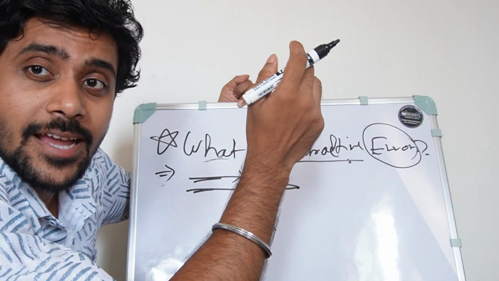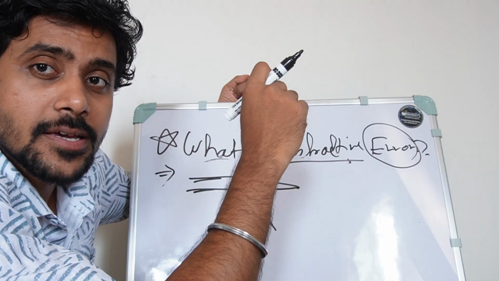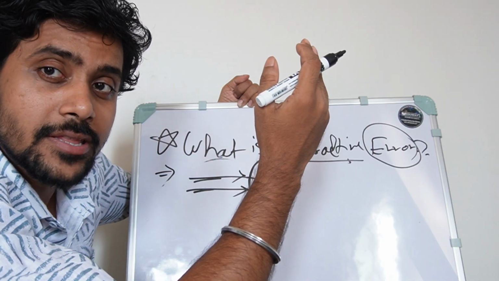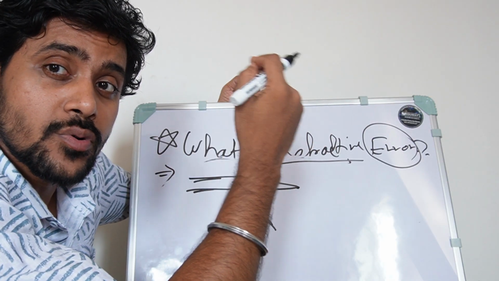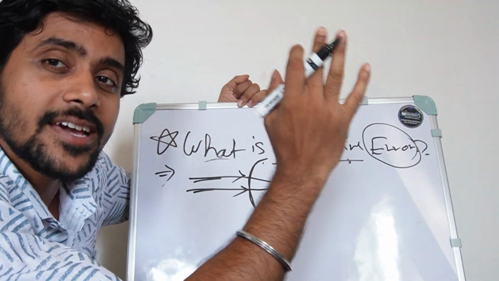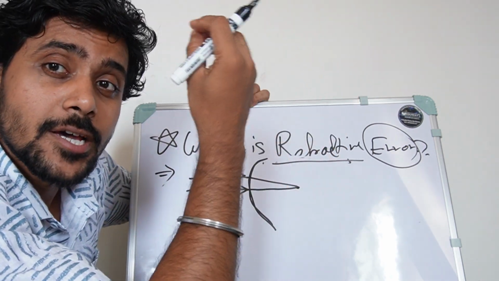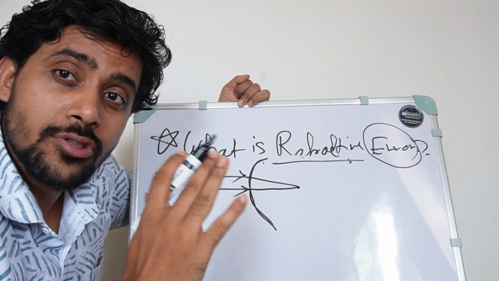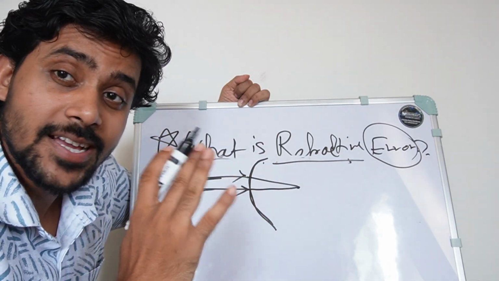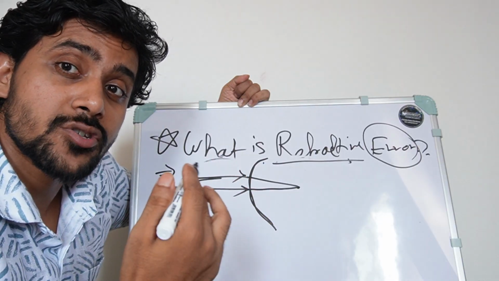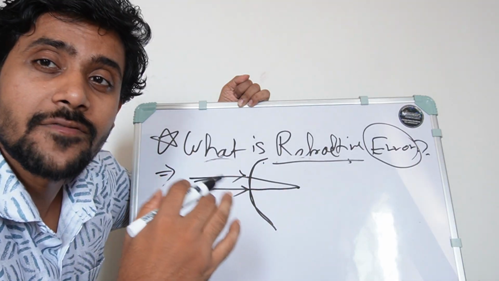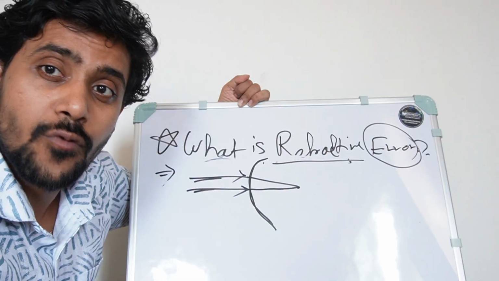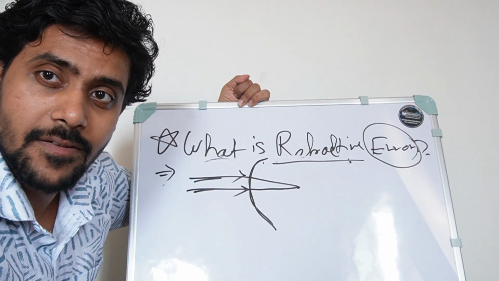Now in our eye's anatomy there is a retina, okay, that we know. So to get a clear image, those parallel light rays have to be focused on the retina, right? And to focus on the retina, the different refractive media help us, right?